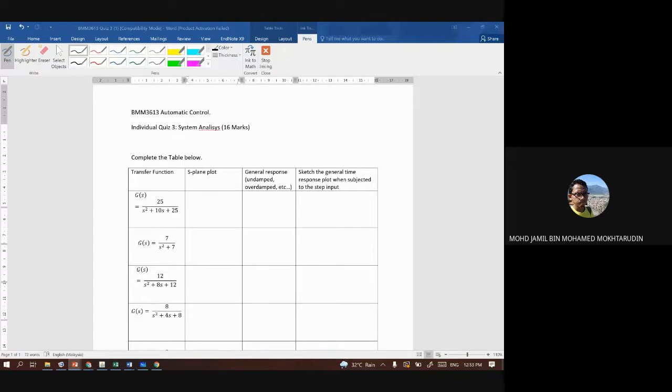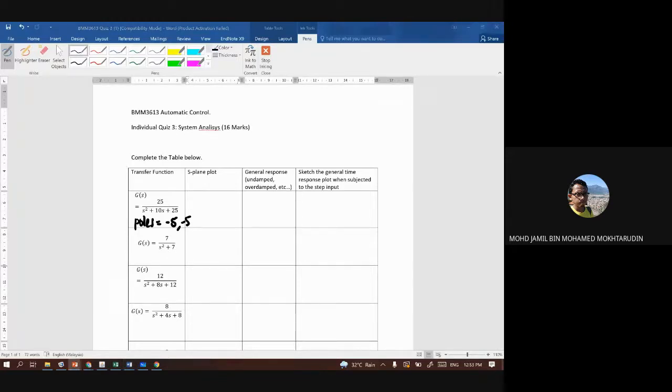So the pole is -5. We get poles equals -5, -5, twice. So you get 2 equal real roots.